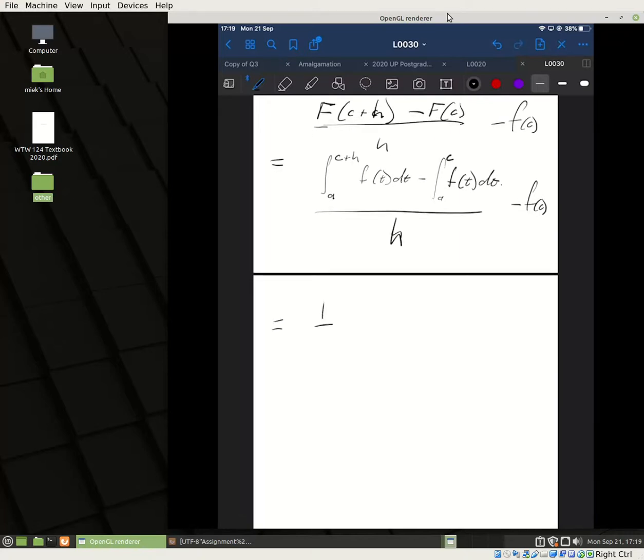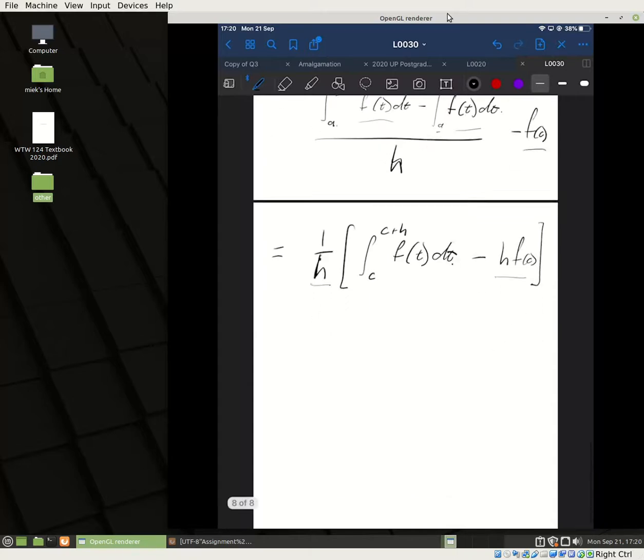Okay, I'm going to write it this way, 1 over h, and now we see that here we integrate from a to c+h, here we integrate from a to c, so this becomes the integral from c to c+h of f(t) dt. And if I factor out this h, if I write it this way, h times f(c), we see that if we multiply the 1 over h in there, the h's cancel and we're left with that f(c).